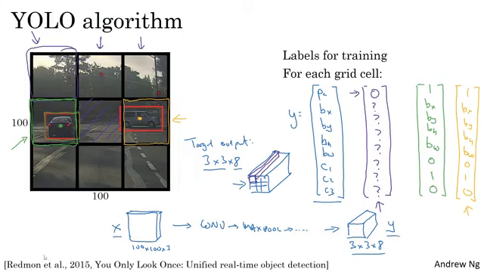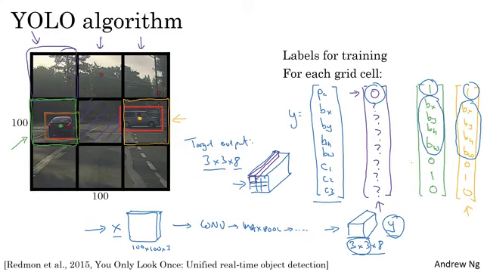So the advantage of this algorithm is that the neural network outputs precise bounding boxes. At test time, what you do is you feed in an input image X and run forward prop until you get this output Y. And then for each of the 9 outputs, for each of the 3 by 3 positions, you can then just read off 1 or 0: is there an object associated with that one of the 9 positions?